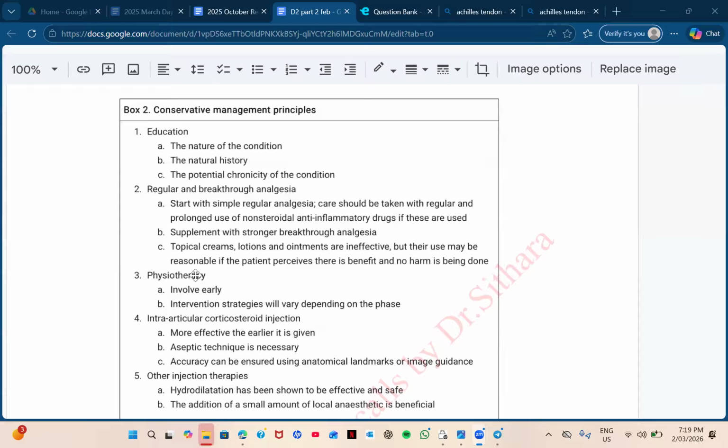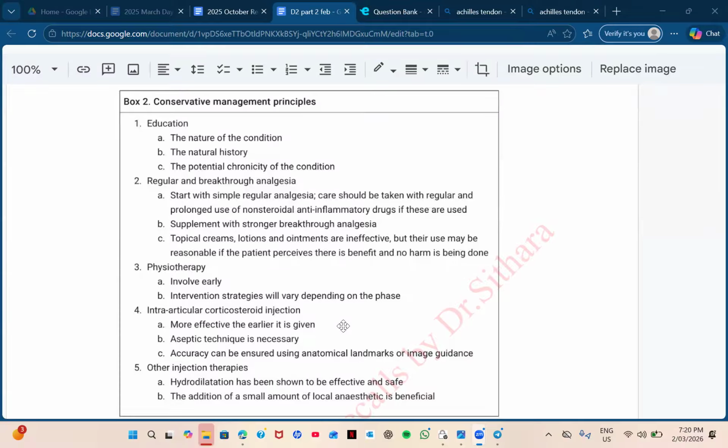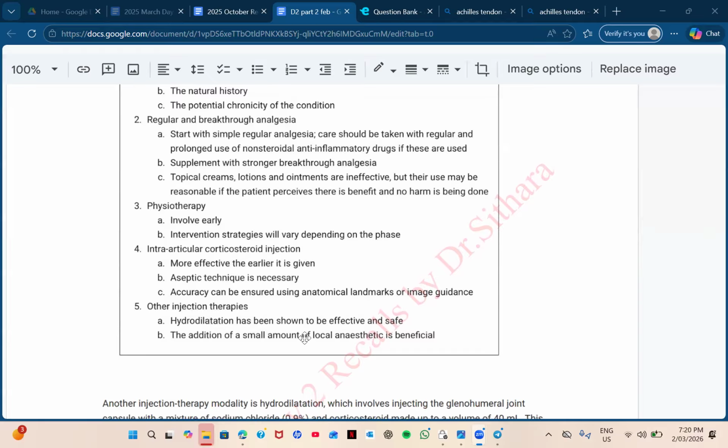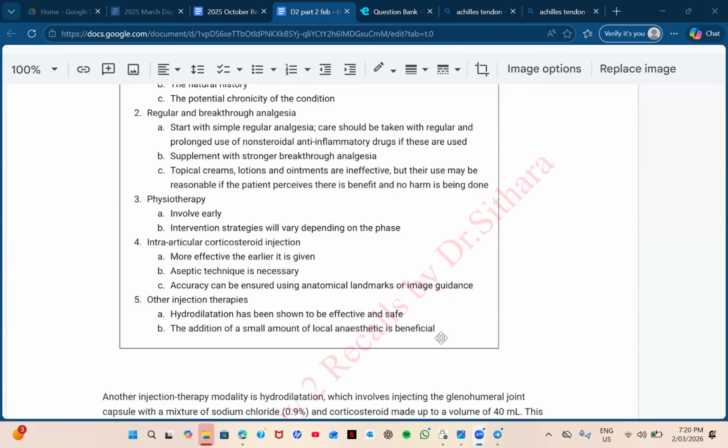So physiotherapy is another most important part. It's involved early, and intervention strategies will vary depending on the phase, right? Next step is intra-articular corticosteroid. These are more effective if started earlier in the disease. Aseptic technique is necessary. Accuracy can be ensured using anatomical landmarks or imaging guidance, right?